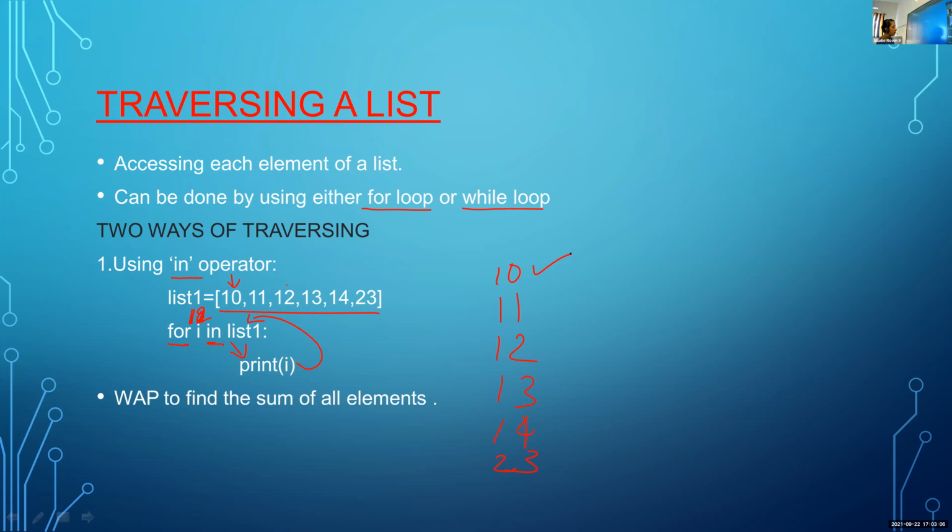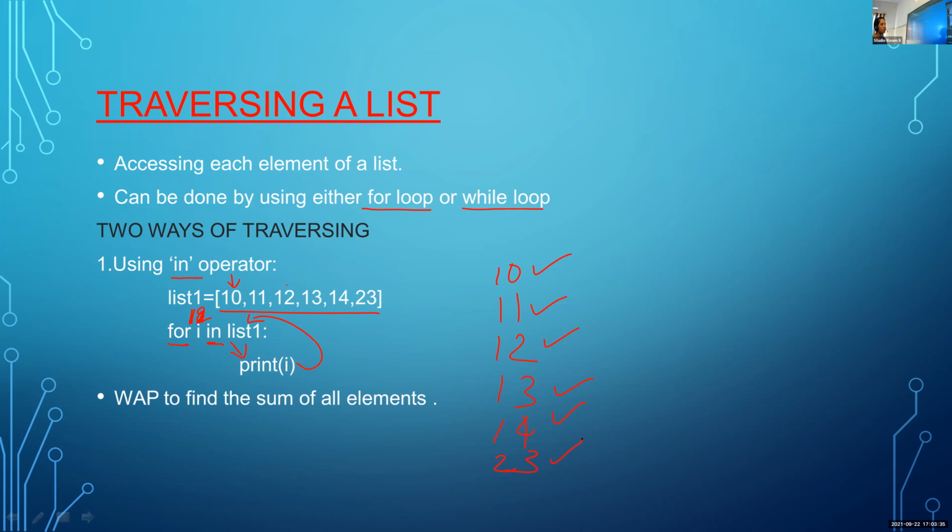Only when all the values are printed can we terminate from this for loop. So after 10, the I value is 11, the next value of list1. Then it is printed, so 11 is printed. After that 12 is assigned to I. Print I means 12 is printed. After that, 13 is assigned to I, 13 is printed, then 14, then 23.